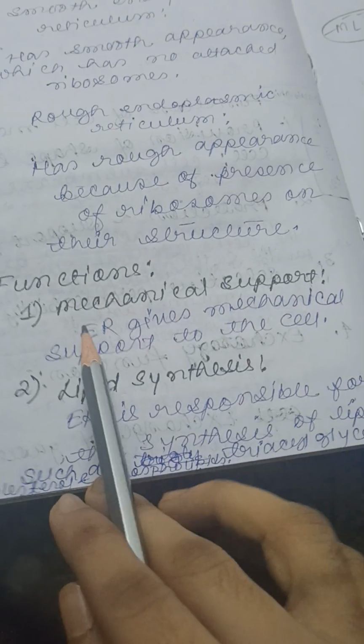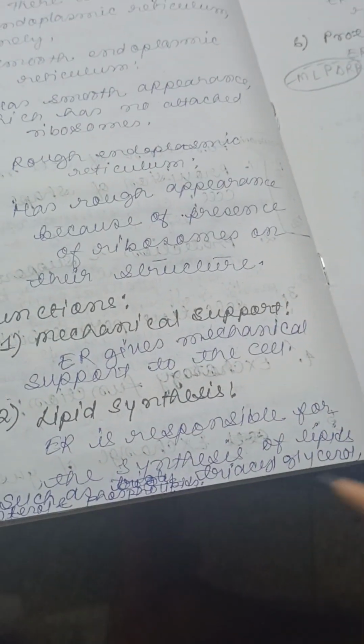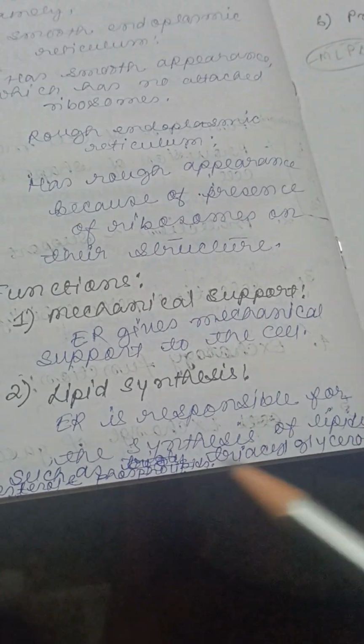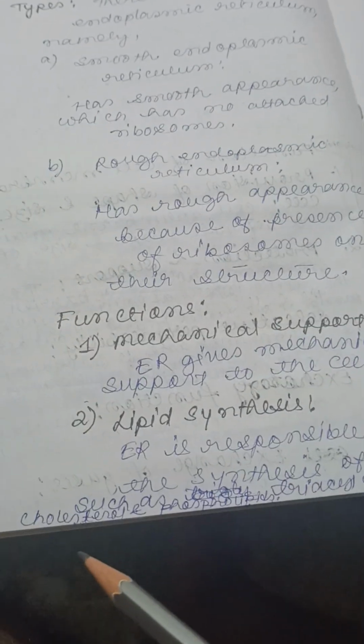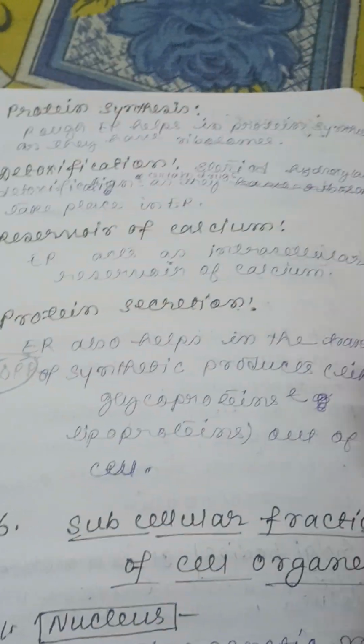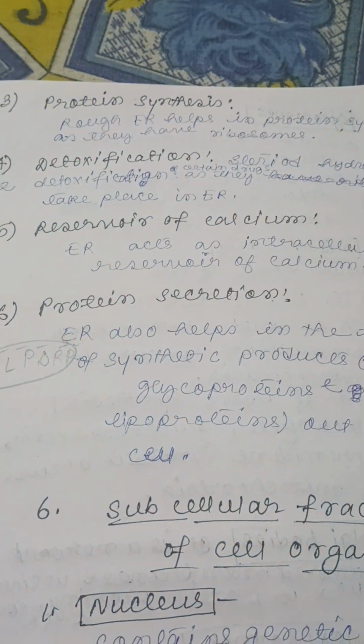The endoplasmic reticulum gives mechanical support to the cell. In lipid synthesis, the endoplasmic reticulum is responsible for the synthesis of lipids such as triglycerides, cholesterol, and phospholipids. In protein synthesis, the rough endoplasmic reticulum helps as it has ribosomes.